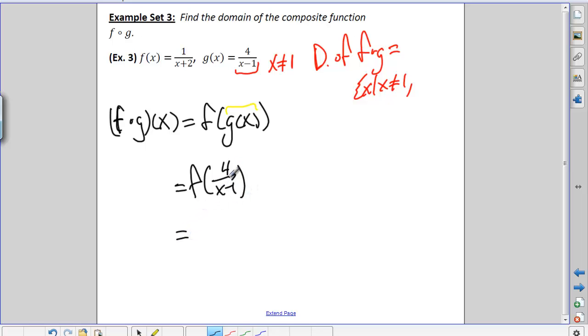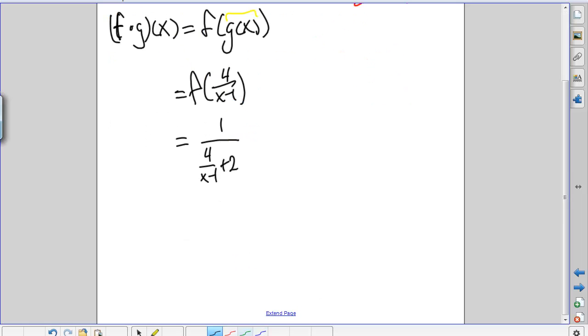And then if we plug this into f, we get something that looks like this. Okay, so that's kind of a mess, but we can actually simplify that down. The way that you do that here is there's a trick where you can multiply both of these by that x minus 1 denominator.